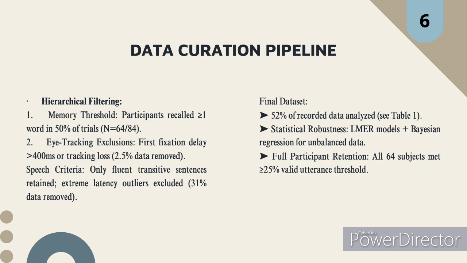Therefore, the study ultimately relaxed the criteria. Third, the eye tracking filter criteria were also relaxed. For speech, only fluent and complete sentences were retained in this study, without incomplete phrases.